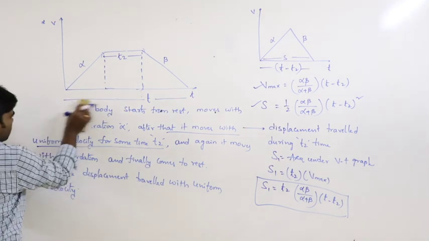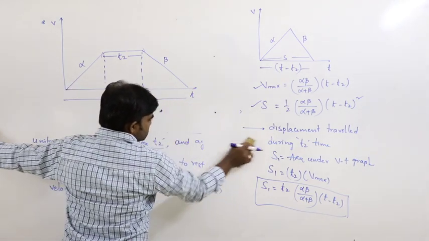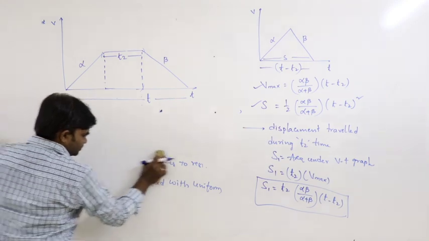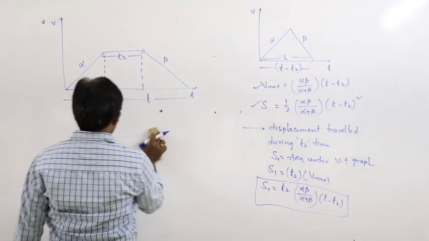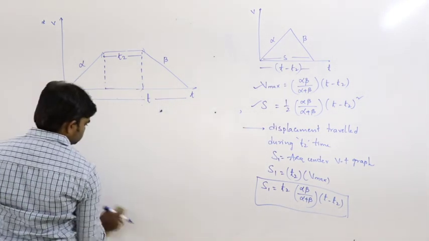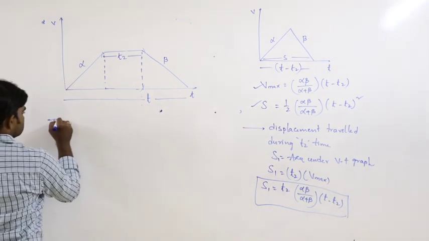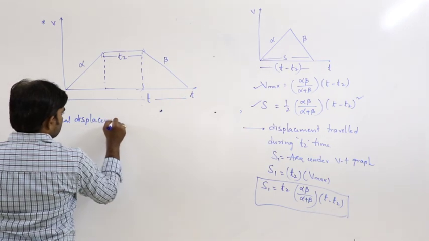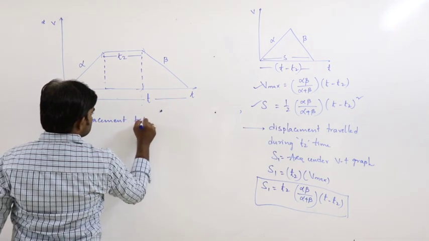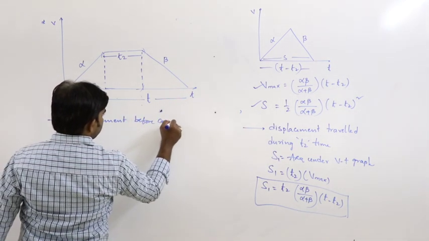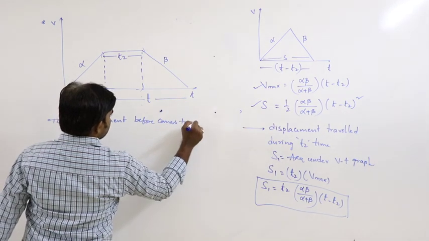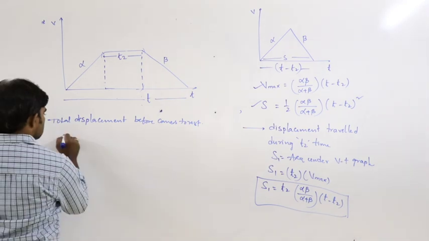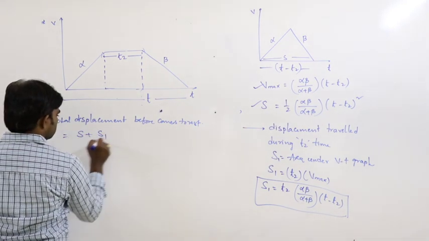Next, now we have to calculate the total displacement. What is the total displacement here? Total displacement before it comes to rest. The total displacement traveled by the body before it comes to rest is equal to S plus S1.